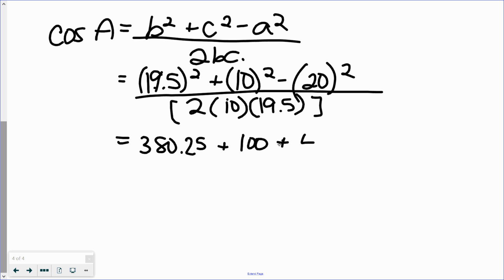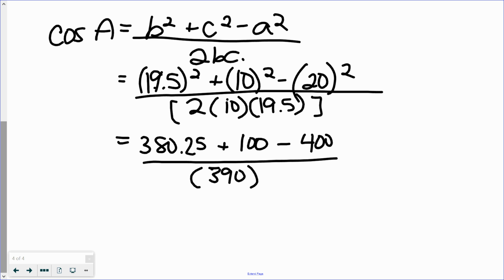Why did I write plus? 390. I don't know why there's brackets there. Okay, so I've broken it into the steps. Again, you can skip over this step if you need to, but if you find you're making mistakes, break it into those individual steps.